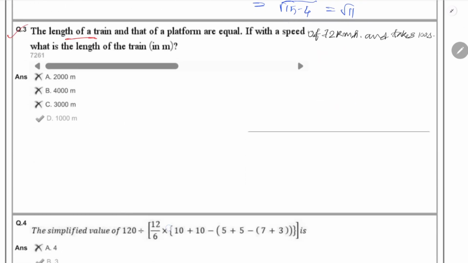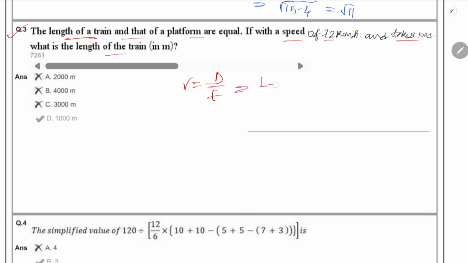The question number 3: the length of a train and that of the platform are equal. With a speed of 72 km per hour, it takes 100 seconds to cross the platform. What is the length of the train? So the velocity is given. For this train problem, we know that velocity is equal to distance per time.